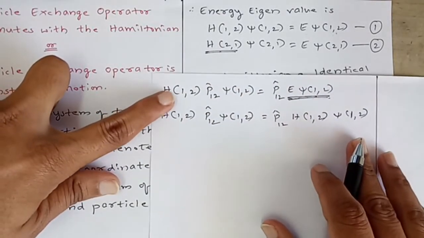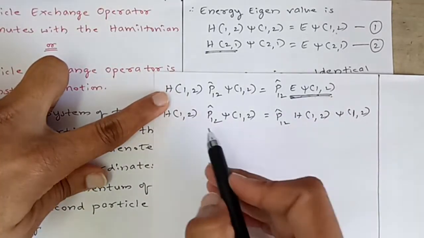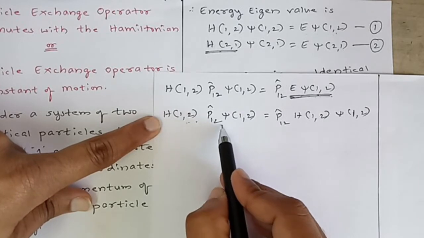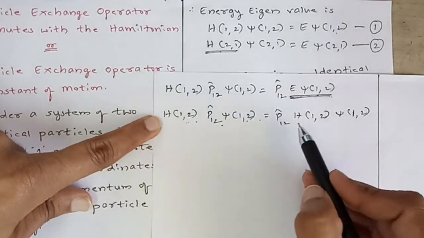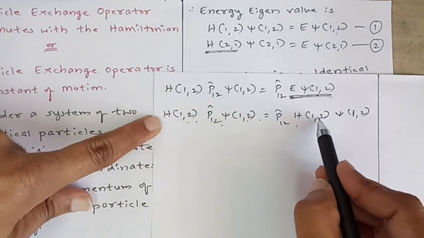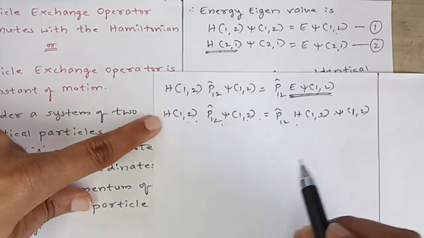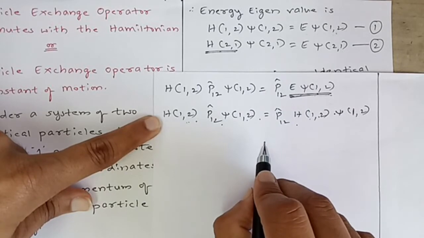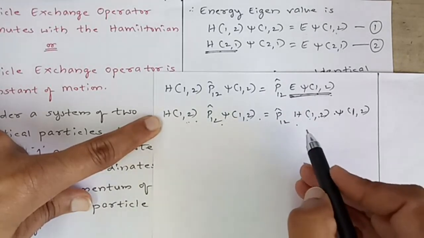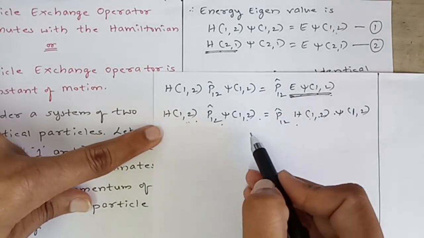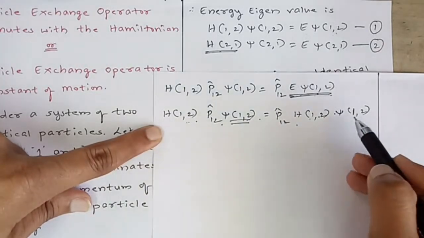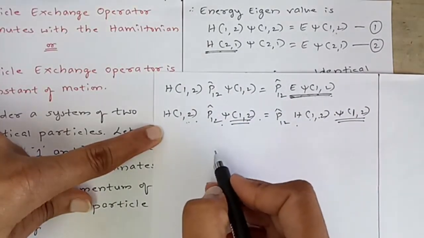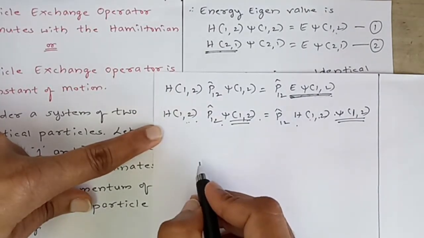So now here we have H_{1,2} P_{12} ψ_{1,2} equals P_{12} H_{1,2} ψ_{1,2}. Now let us neglect this ψ. Here we have ψ_{1,2} and here also we have ψ_{1,2}, so let us remove it out of the equation.